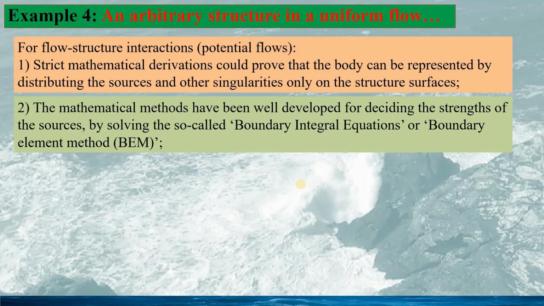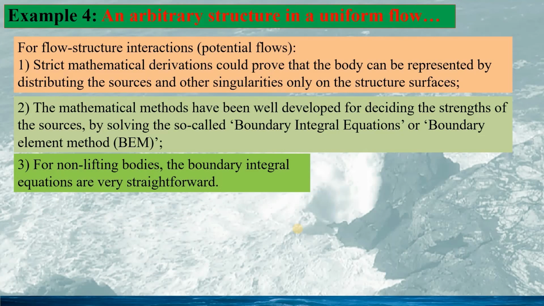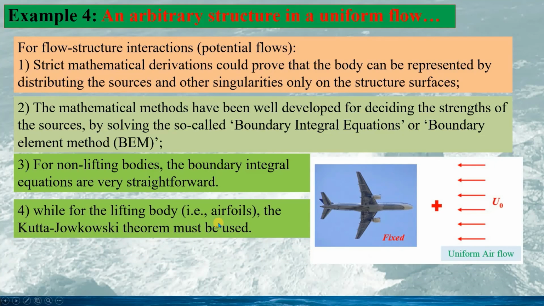And the mathematical methods have been well developed for deciding the strength of the sources by solving the so-called boundary integral equation, or the method called the boundary element method. For the potential flow theory for non-lifting bodies, the boundary integral equations are very straightforward. However, for the lifting body, such as the airfoil or aeroplane, the Kutta-Joukowski theorem must be used.